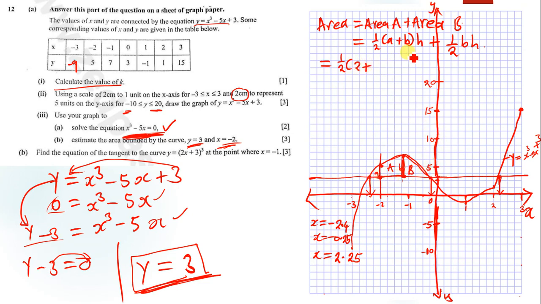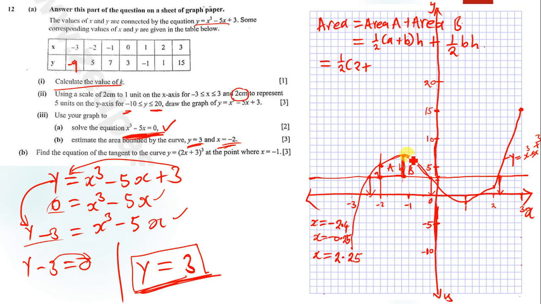Then we say plus B, which is the longest distance, this point here, which is almost like the turning point of this curve. We had this coordinate, which is -1 comma something.